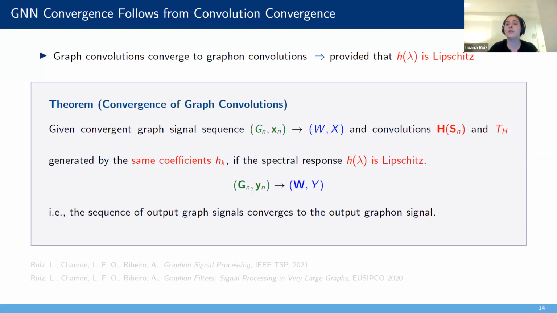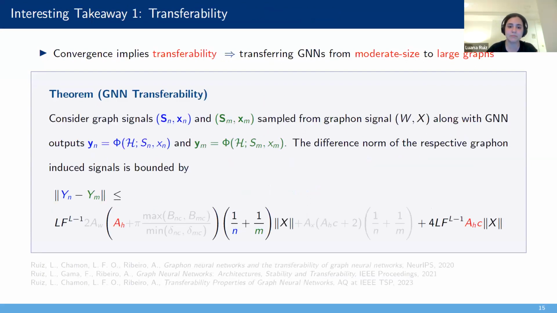So this is why I didn't want to focus on convergence itself, but on the condition we have for this theorem, which is that the spectral response h of lambda of the graph convolution not only has to be continuous, it has to be Lipschitz continuous with bounded Lipschitz constant.